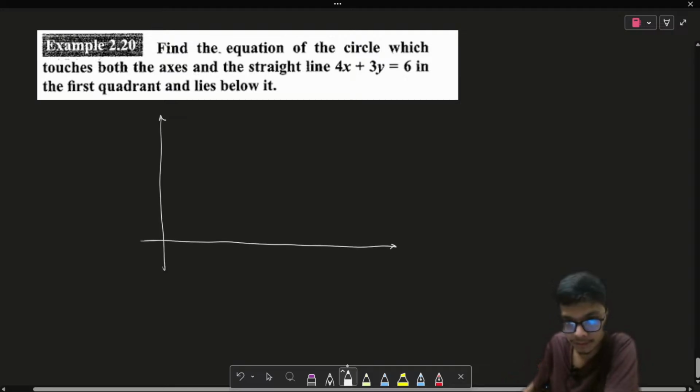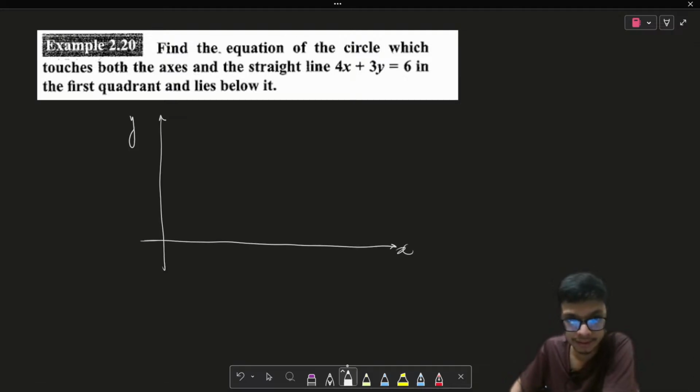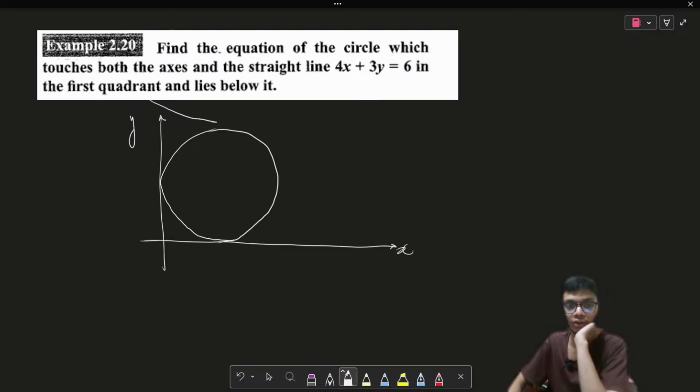If I try to draw this scenario, let us say this is the x and y axis, and the circle is touching both the x and the y axis. It is difficult to draw like this. Anyways, it is also touching the straight line above it, right?